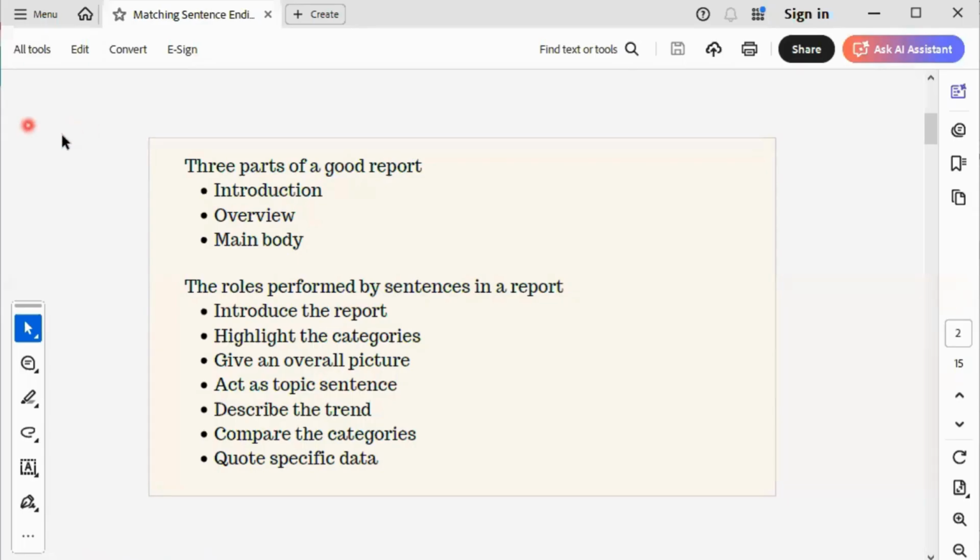So the introduction can be 1 sentence or 2 sentences. Then the overview too can be 1 sentence or 2 sentences.